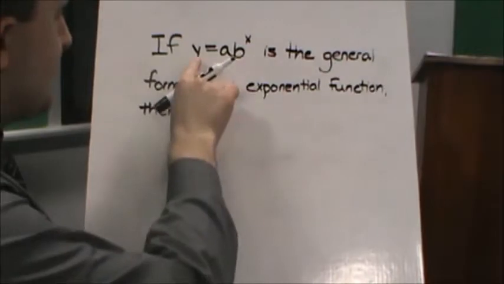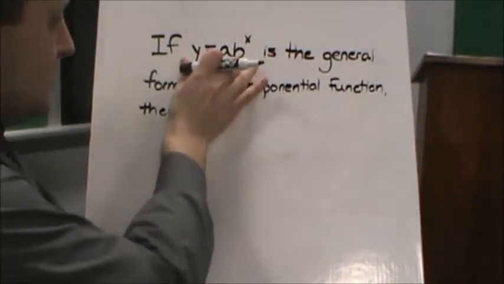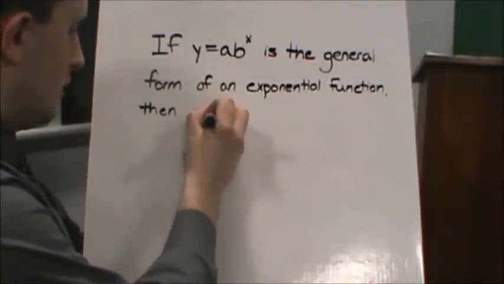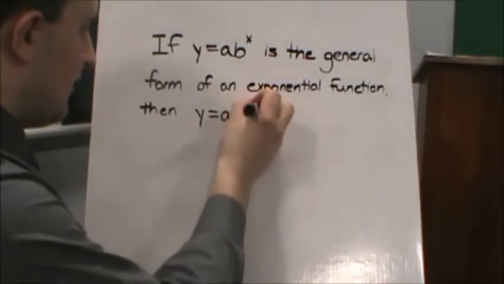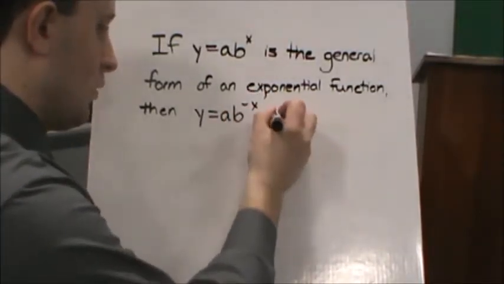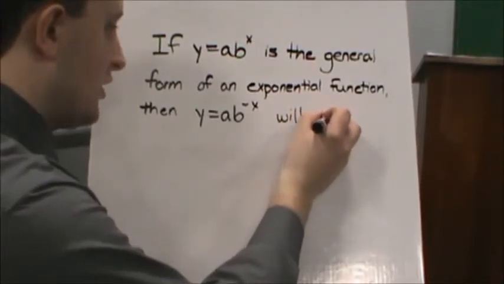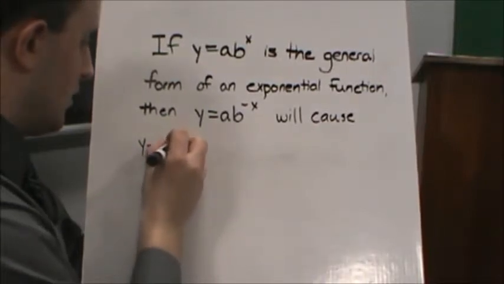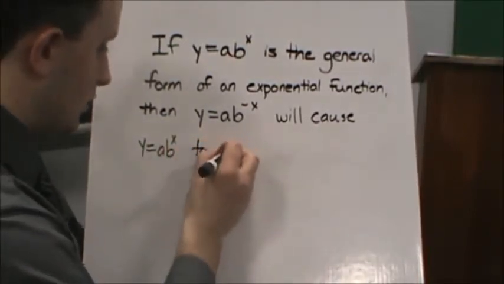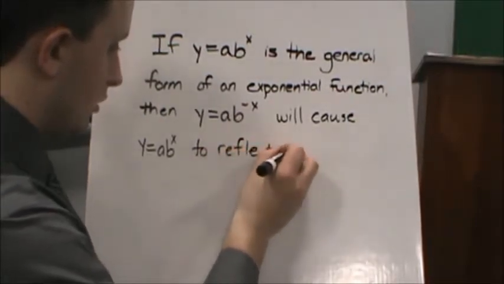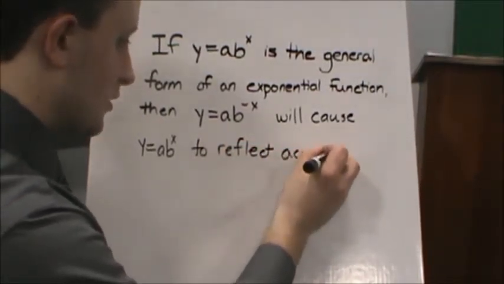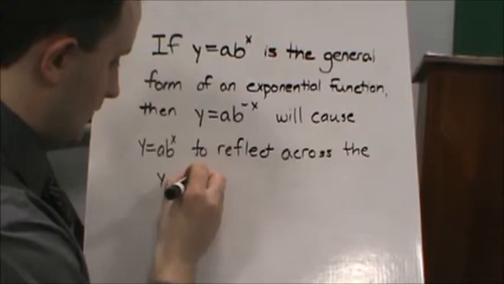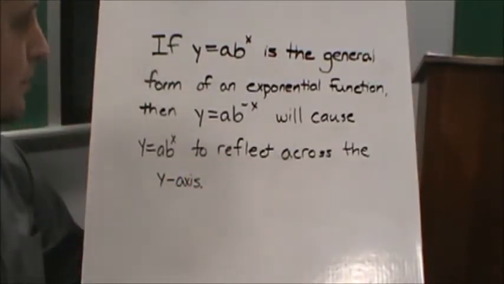So we have our general function y equals ab to the x. If y equals ab to the x is the general form of an exponential function, then y equals ab to the negative x power will cause y equals ab to the x to reflect across the y-axis.